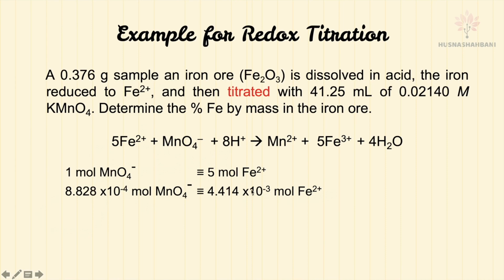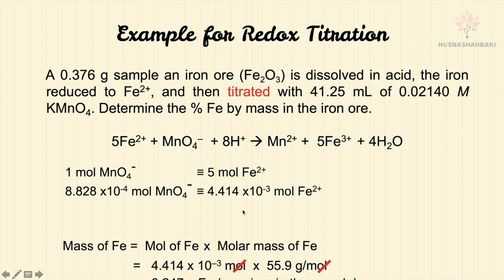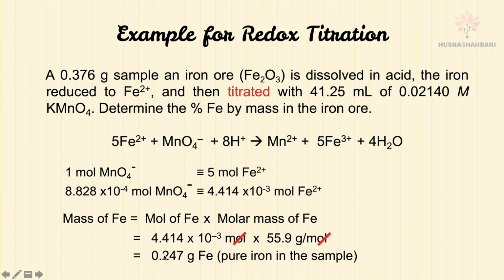This is the number of moles that we got when we compared with the number of moles of MnO4-. So if you have this number of moles, convert it to mass, get 0.247 gram. This is the pure iron. The mass of Fe2+ is the same as the mass of iron, and it's the pure iron.